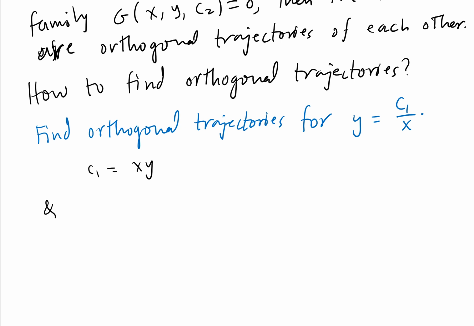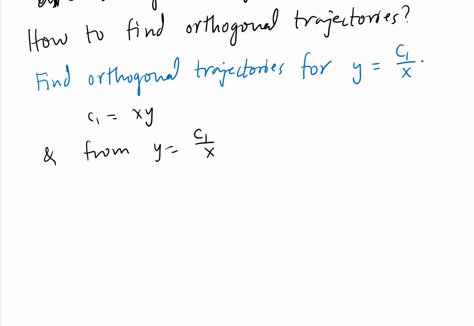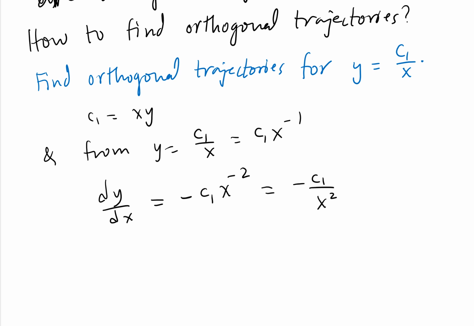And from the same given family of curves, we can differentiate both sides, dy dx. You can write this as c1x to the negative 1 for easy differentiation. We get a negative down, c1x to the negative 2. So that would be negative c1 over x squared.